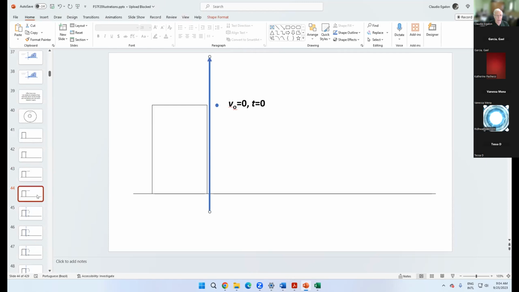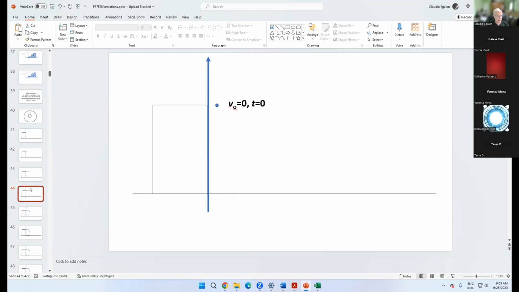In this case, I have decided to put my axis in the upward direction. I'm going to put it next to the edge of the building, a little bit more, otherwise you don't see the edge of the building. Here you go. This is the y-axis.